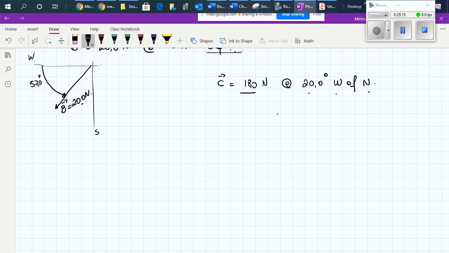You can draw the north and west axis only, or you can draw all four. So north is here and west is here. It is starting from north, so it's starting here. It is moving at 20 degrees in the west direction. It has a magnitude of 18 newtons, and this is vector C.